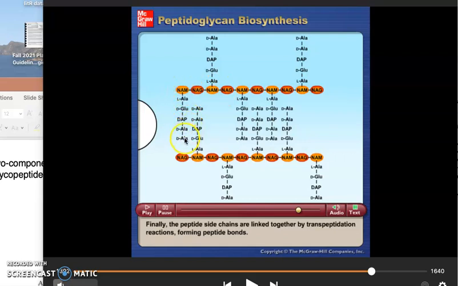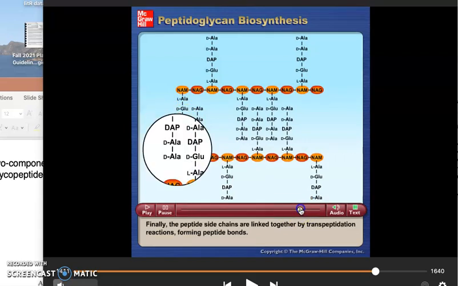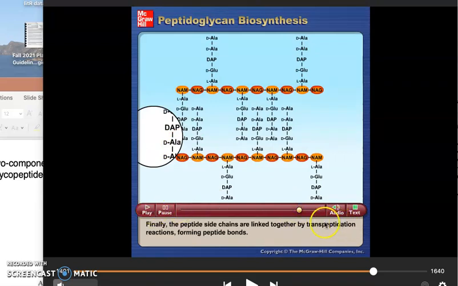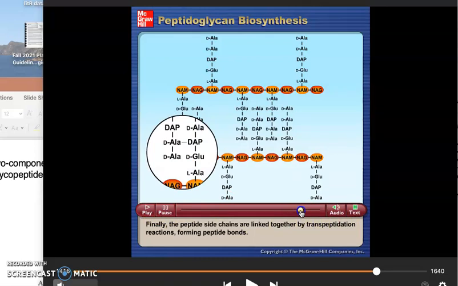In order to polymerize and strengthen this, the microbe has to kick off one of these terminal alanines and then form a linkage between the adjacent amino acids.